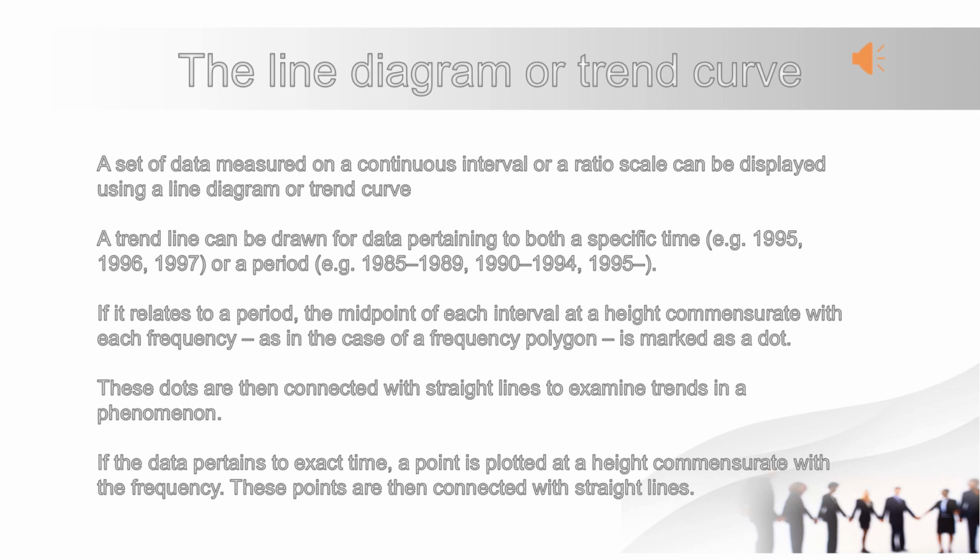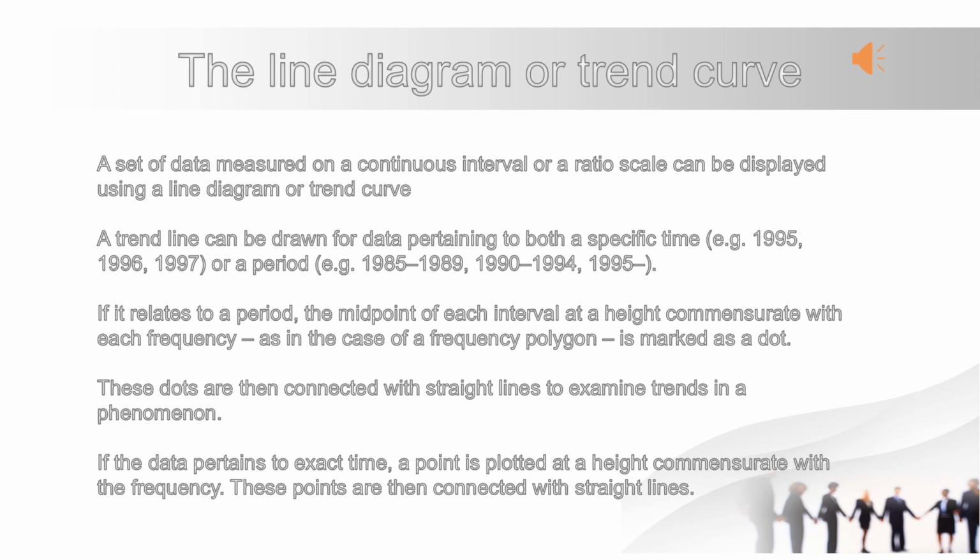It is drawn by plotting the midpoints on the x-axis and the frequencies commensurate with each interval on the y-axis. A trend curve is drawn only for a set of data that has been measured on a continuous interval or ratio scale. A trend diagram or line diagram is most suitable for plotting values that show change over a period of time.